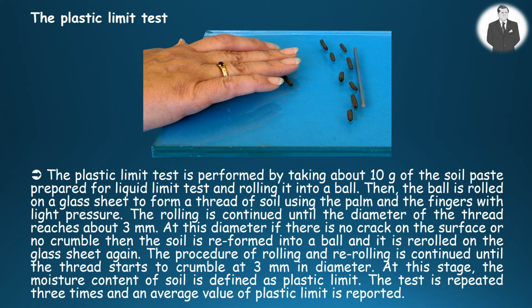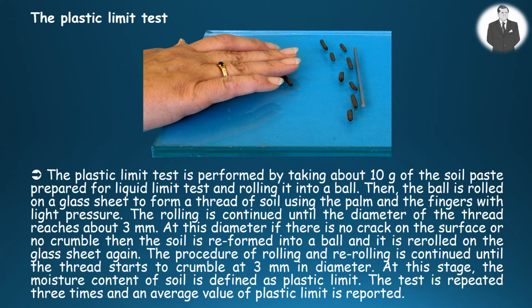The plastic limit test is considered to be awkward and unpleasant because it requires experience and a lot of patience. This test is carried out by taking about 10 grams of the soil paste prepared for the liquid limit test and rolling it into a ball.